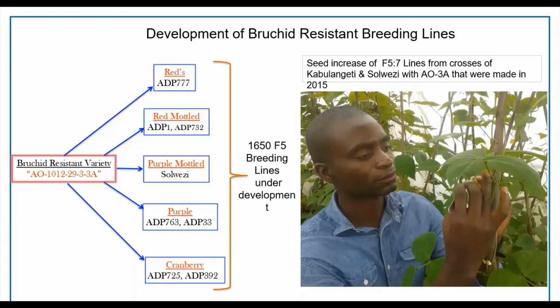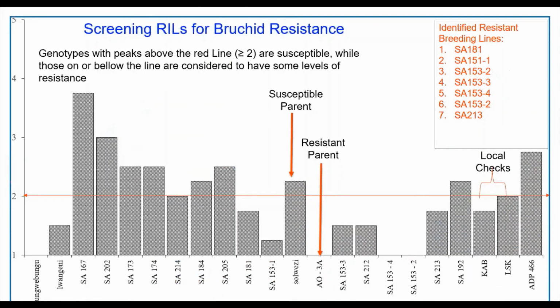But prior, even before the development of these populations, we already had 2 populations that we are working with, which were crosses between Kablangeti and Solwezi, crossed with the resistant line. This AO3A. These materials are a lot more advanced, and currently we are just increasing the seed, and we also started working on screening them. The cross between the resistant line and Solwezi has already yielded very positive results as we managed to identify some of the resistant lines.